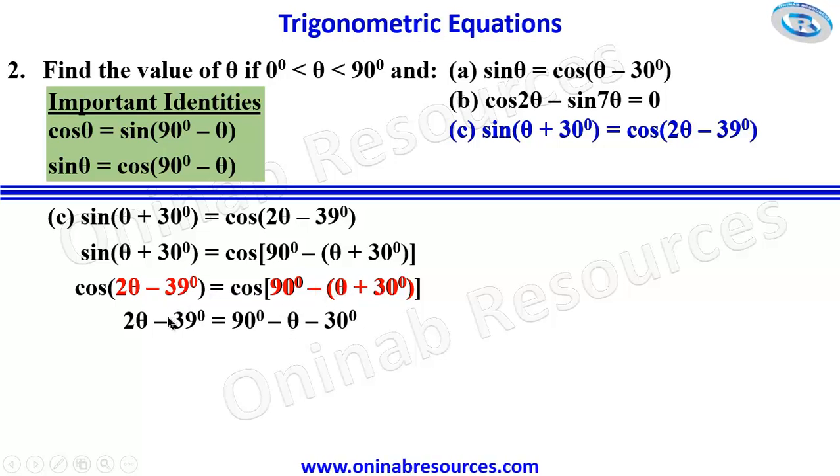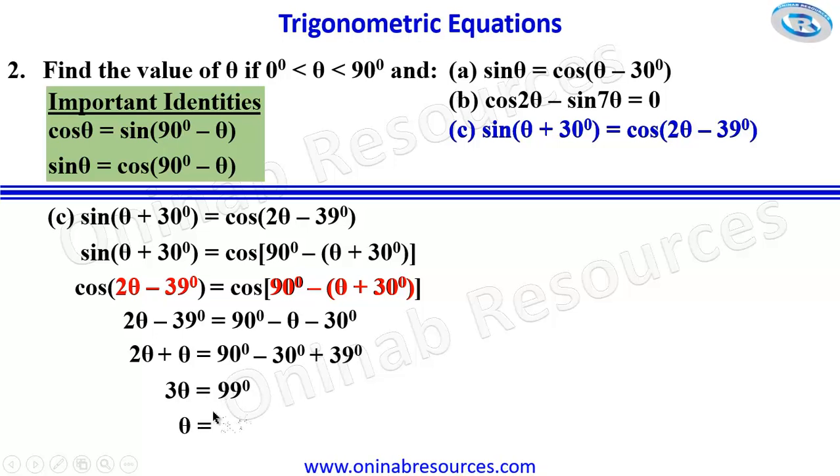We then bring this minus theta to the left hand side. 2 theta plus theta is equal to 90 degrees minus 30 degrees. This minus 39 degrees coming to the right hand side becomes plus 39 degrees. This is 3 theta equal to 99. 90 degrees minus 30 degrees is 60 degrees. 60 degrees plus 39 gives 99 degrees. Dividing both sides by 3, we have theta equal to 33 degrees.